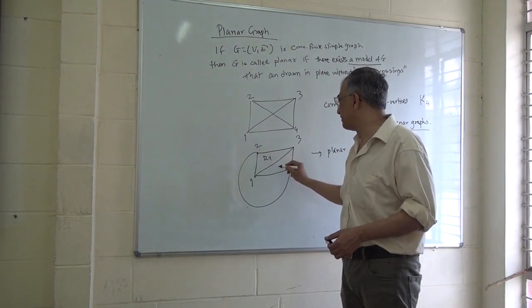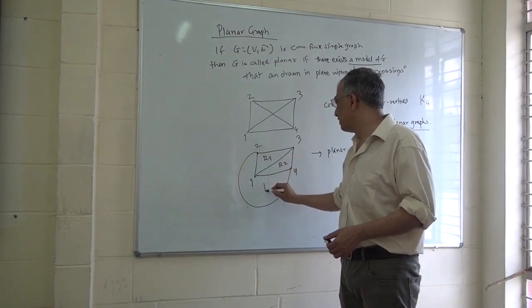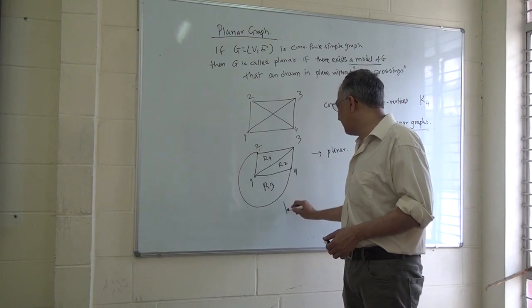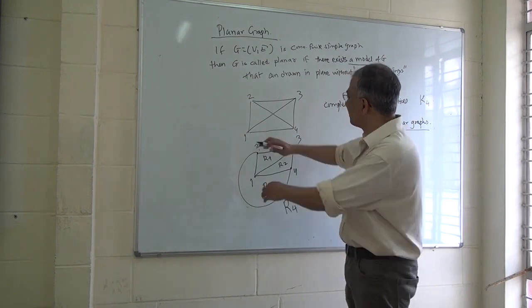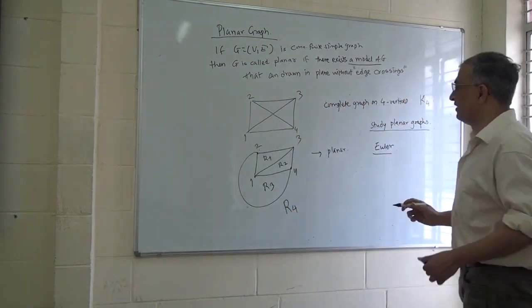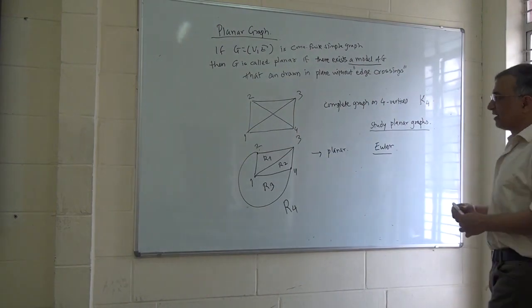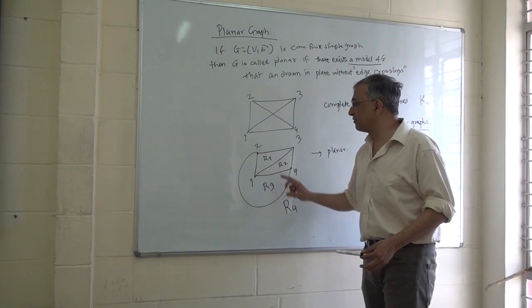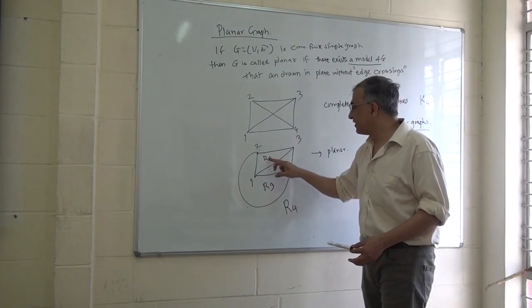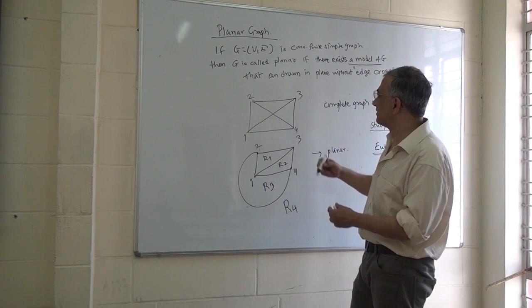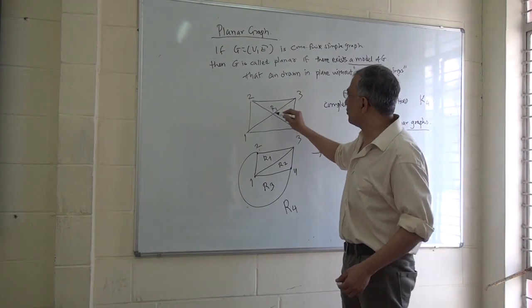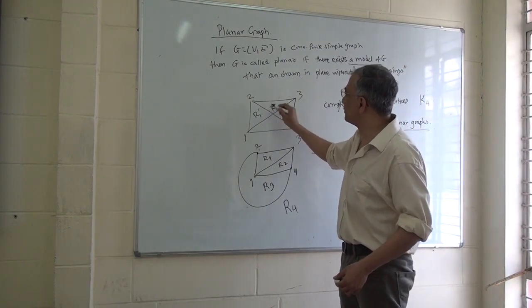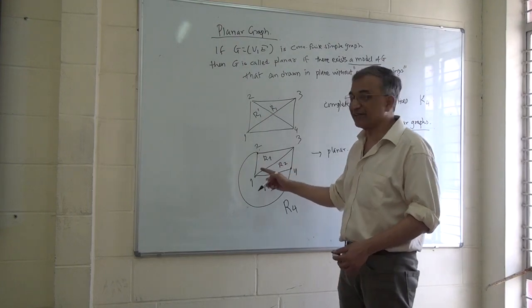This is region 1, this is region 2, this is region 3, and this is region 4, the infinite region outside of all this. The moment there is no crossing, this concept of region is well defined. If there were a crossing, then the same region, for example this region R1, would look like R1 and R1 prime, 2 regions. But here there is no such crossing.